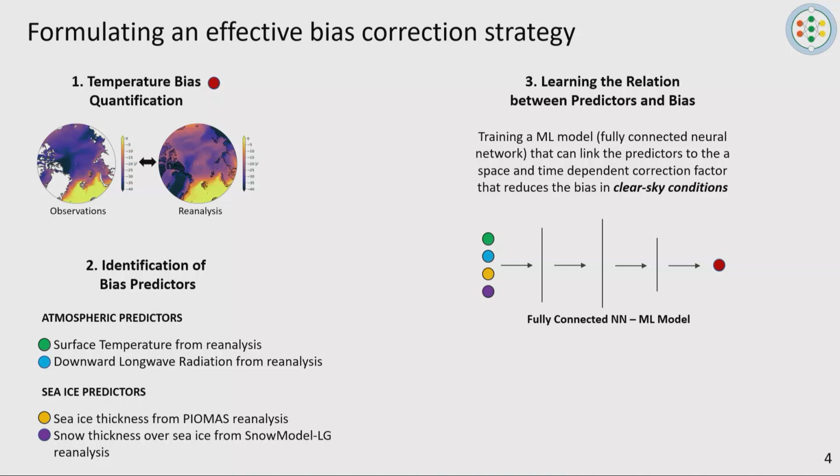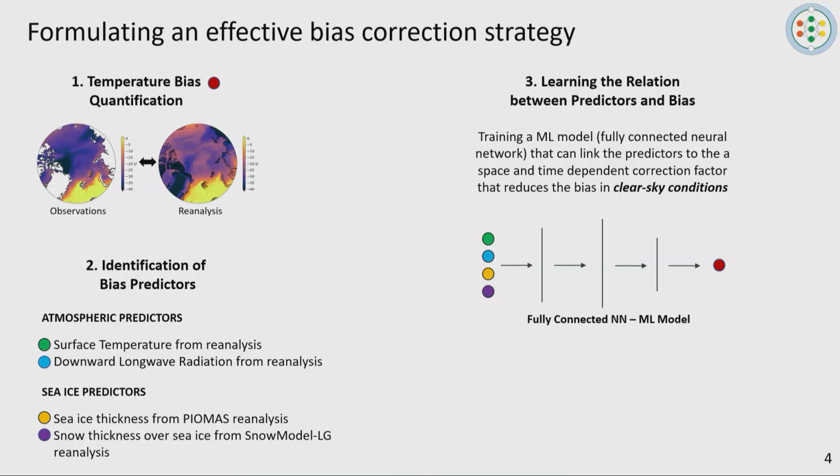But we also use reanalysis products for the sea ice, in particular the sea ice thickness from BIOMASS and the snow thickness from the Lagrangian snow model by Liston. And then basically we have a model that links these predictors through a fully connected neural network, a very simple machine learning model, to this temperature bias.